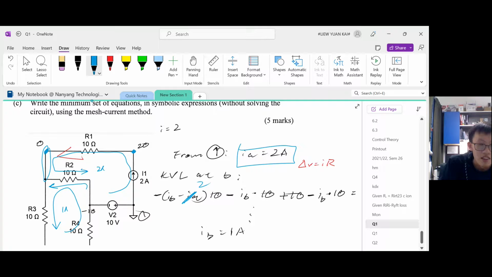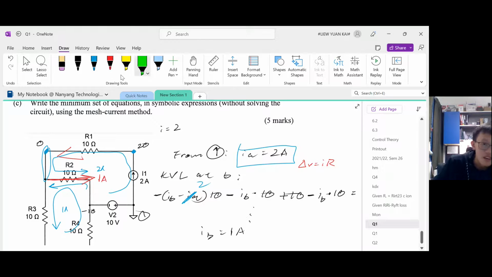What is the direction of the net current through R2? The direction of the net current is given by the direction of the larger current. 2 and 1, who is larger? Definitely 2. So the net current will flow in the direction of the 2 amperes. The magnitude of the net current is 2 minus 1, because 1 is opposing the 2. So the net current is 1 ampere.